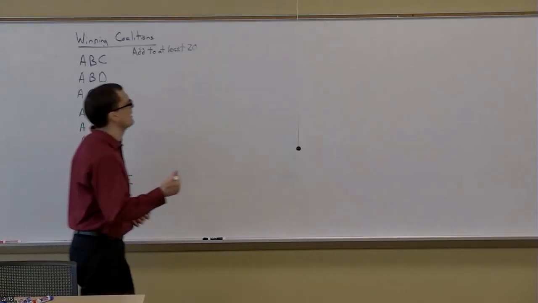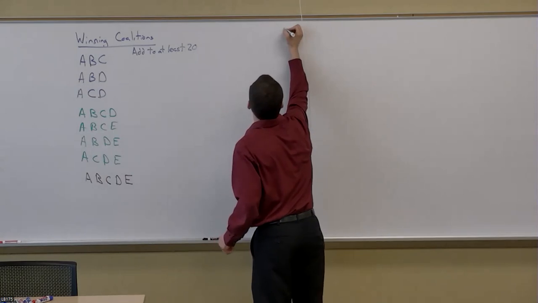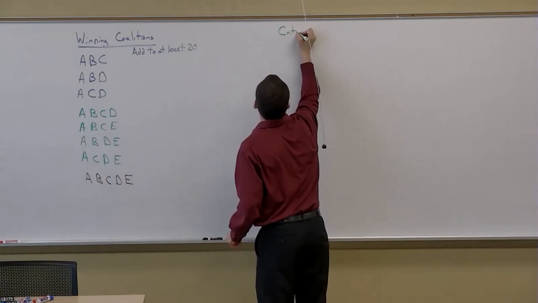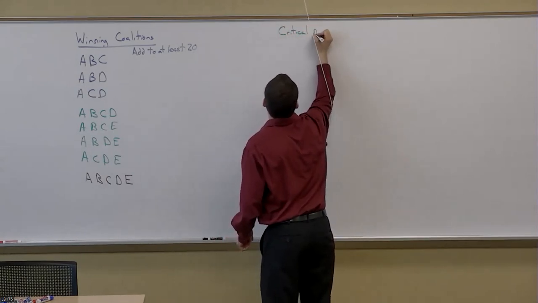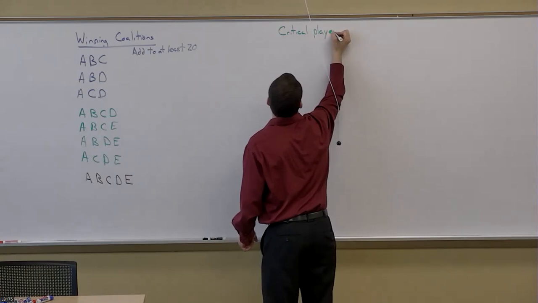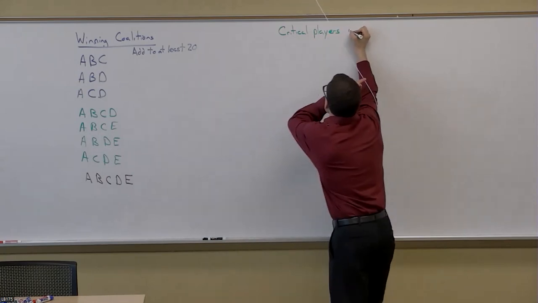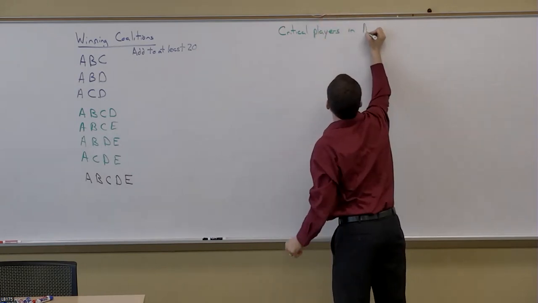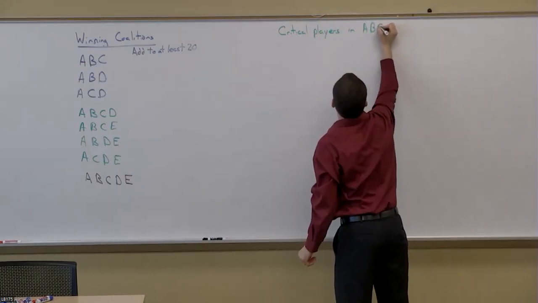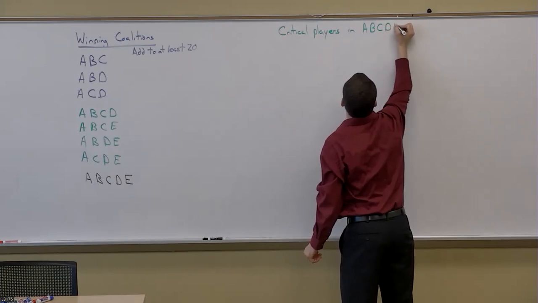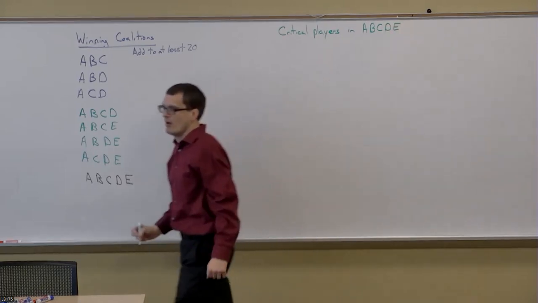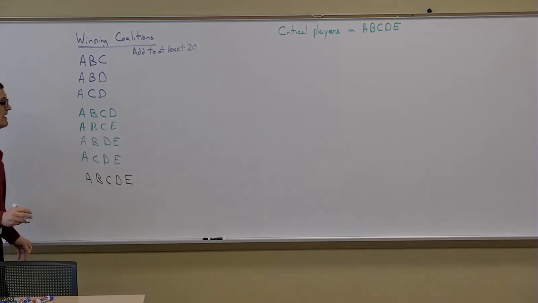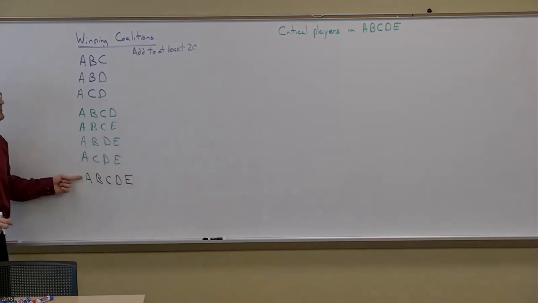Now, let me look at one other that I didn't have up there as a winning coalition. Let's do all 5 of them, the winning coalition A, B, C, D, E. All right.